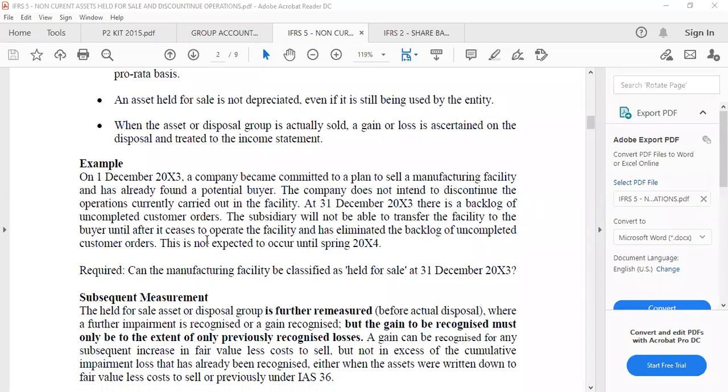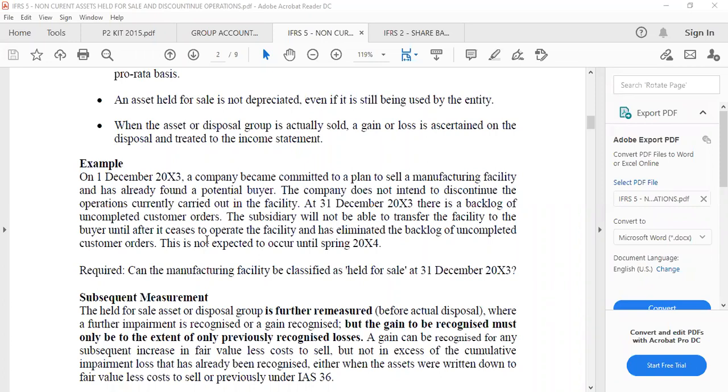On December 1, 2X3, a company became committed to a plan to sell a manufacturing facility and has already found a potential buyer. The company does not intend to discontinue the operations currently carried out in the facility. At 31 December 2X3, there is a backlog of uncompleted customer orders.